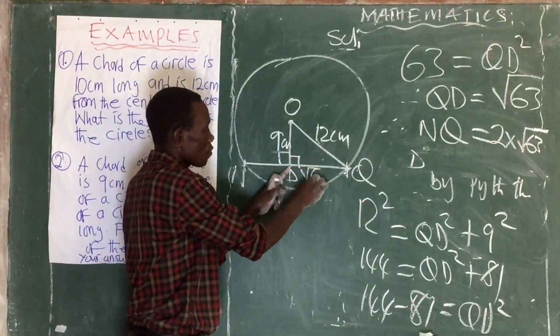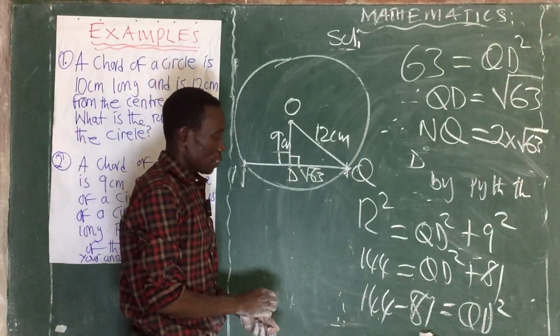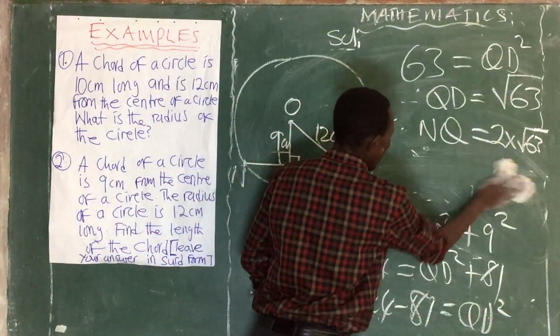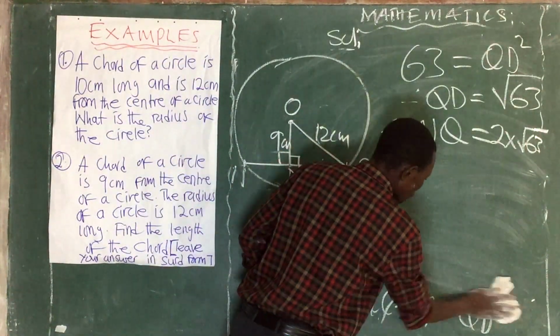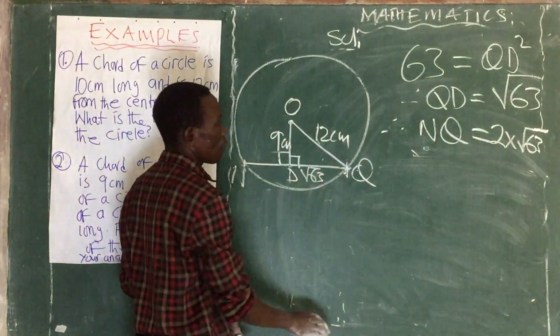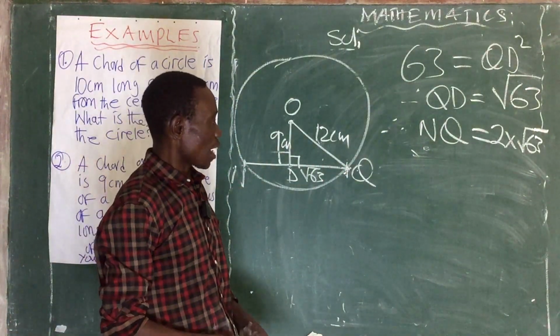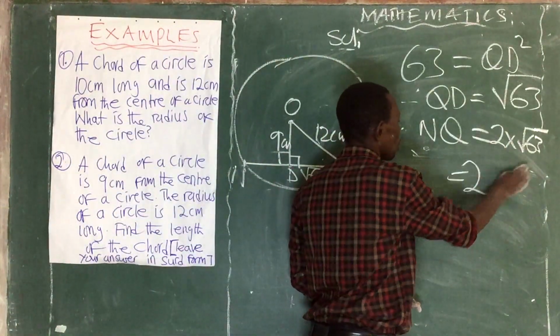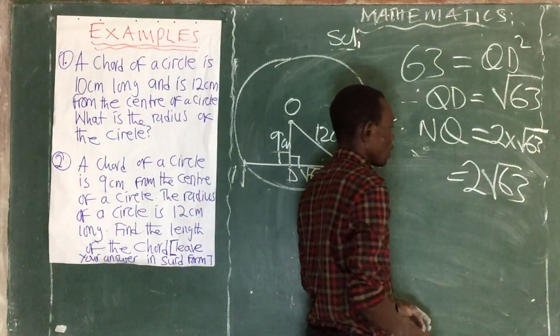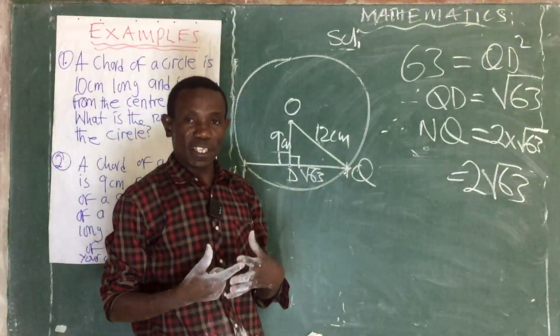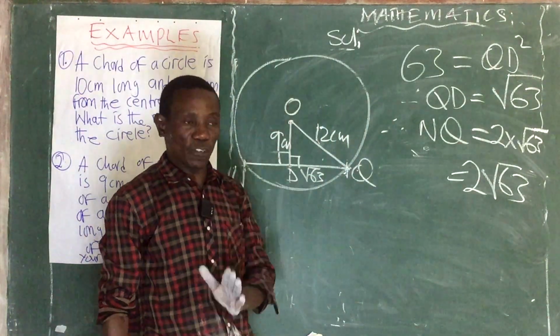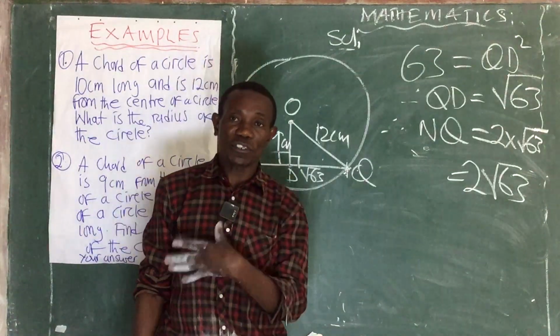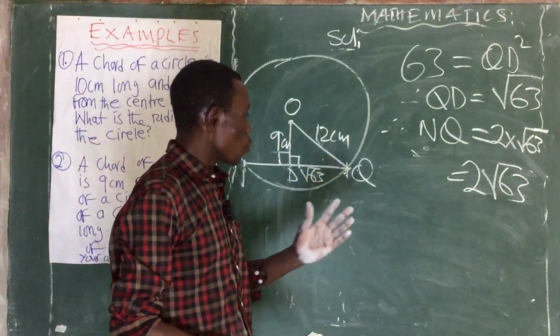So this is root of 63. As mathematicians, suppose I simplify a particular expression, if it is possible, like when I multiply this by this, I'll still get 2 root 63. By what we have discussed in the irrational numbers in the previous video, if you can follow, you were always requested to at least do what?